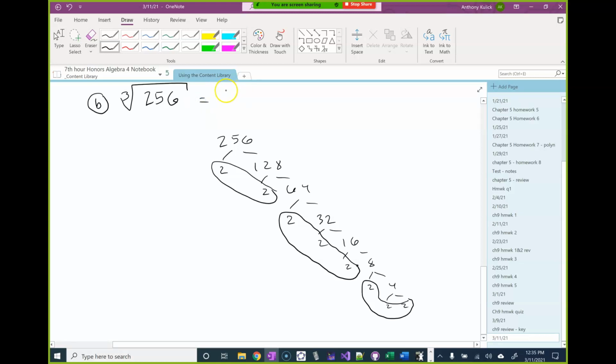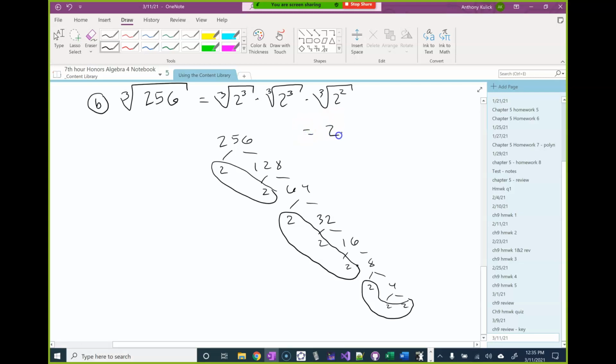So we can say this is the cube root of 2 to the third times the cube root of 2 to the third times the cube root of 2 squared. Everybody so far so good? Okay.